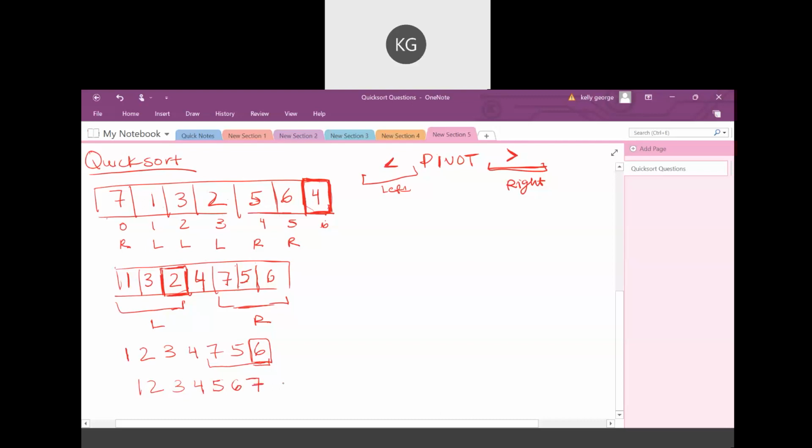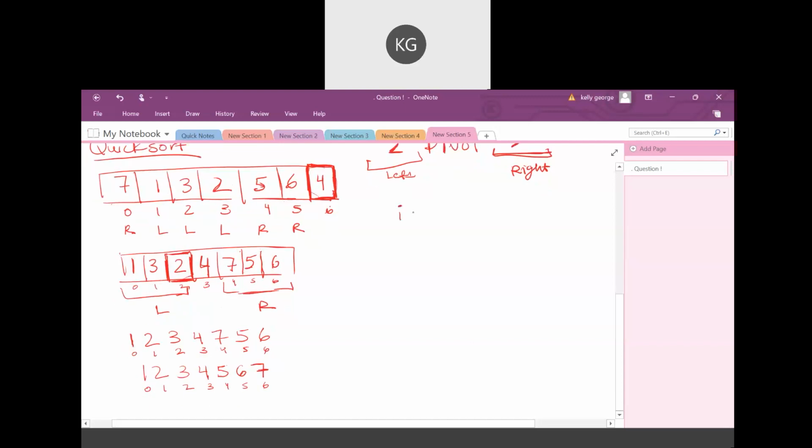And let me rewrite the indexes in it. So these would be the indexes of the values in the array. In the problem we have i, j, and k.